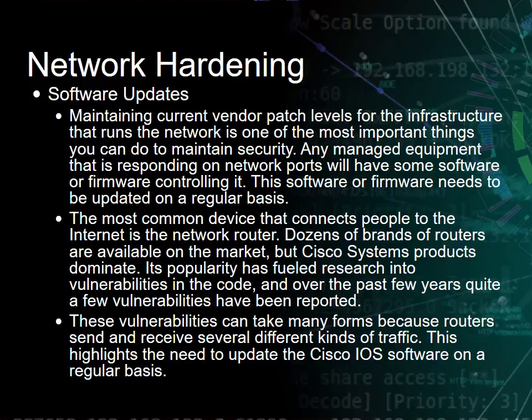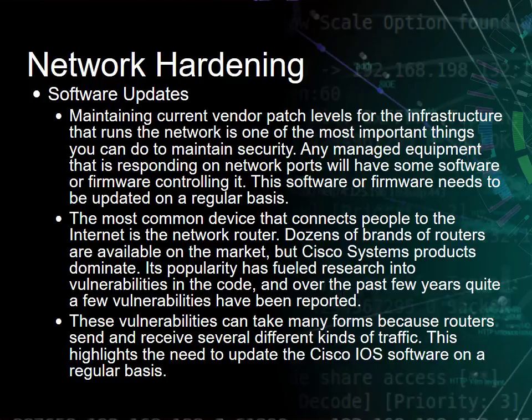For example, if you did an Nmap and gathered all the different OS versions of all the network devices along the path to the network that you're trying to deny service to, you might find that one of the critical devices, like a router, has an older version of IOS running on it. Therefore, you can start researching the known vulnerabilities for that older version of IOS, and you can exploit those vulnerabilities. So you want to make sure that your IOS and that your ISP is using the most current versions of the software.